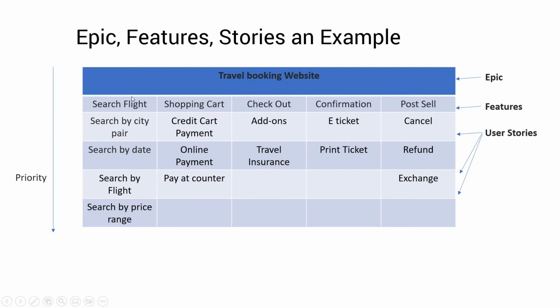For example, for search flight we have these user stories, and for shopping cart we have user stories like credit card payment, online payment, pay at counter. You can see the priority. The top items have the highest priority, and priority goes down. These are the top items that you need to complete based on priority. I hope that is clear now.